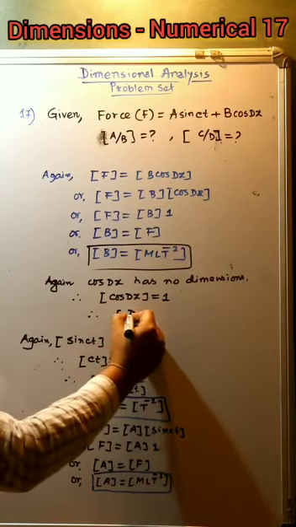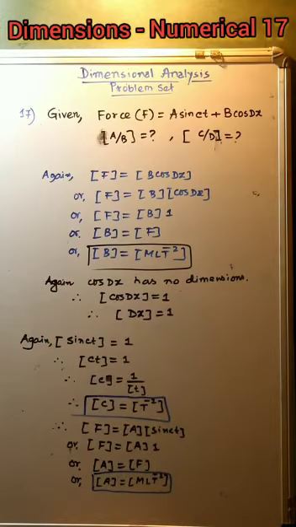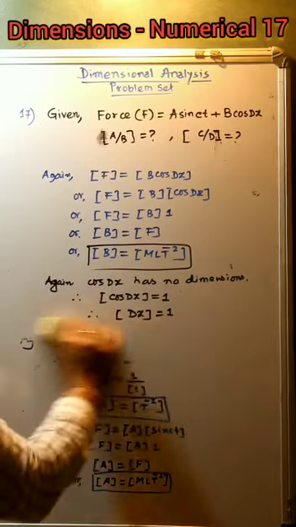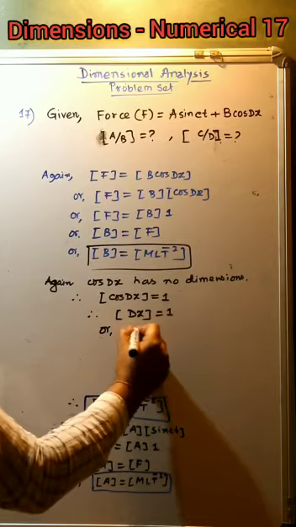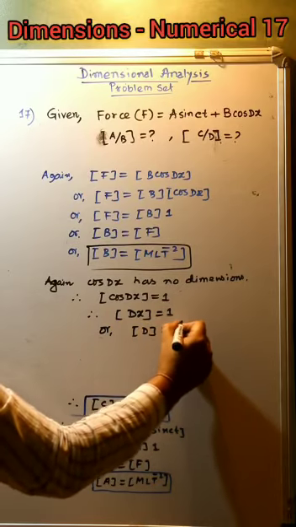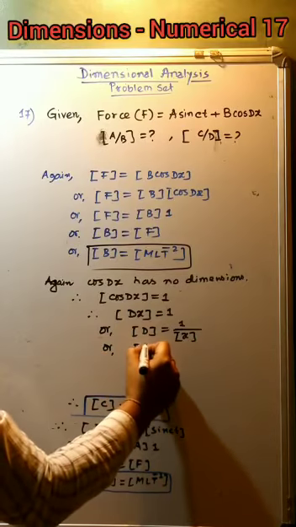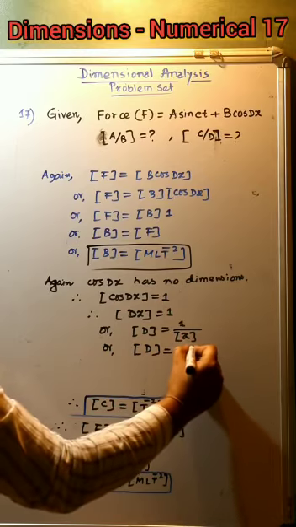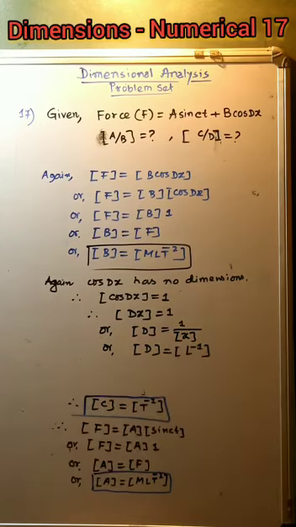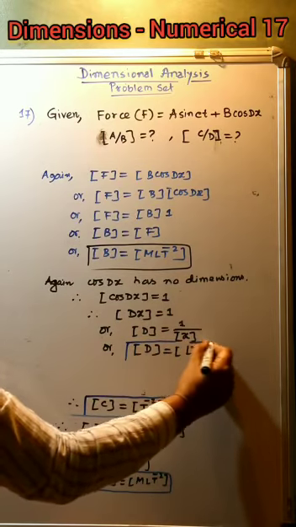Therefore, dimension of dx is equal to 1. From that, dimension of d is equal to 1 by dimension of x, that is 1 by L, so L inverse. We get the dimension of d as L inverse.